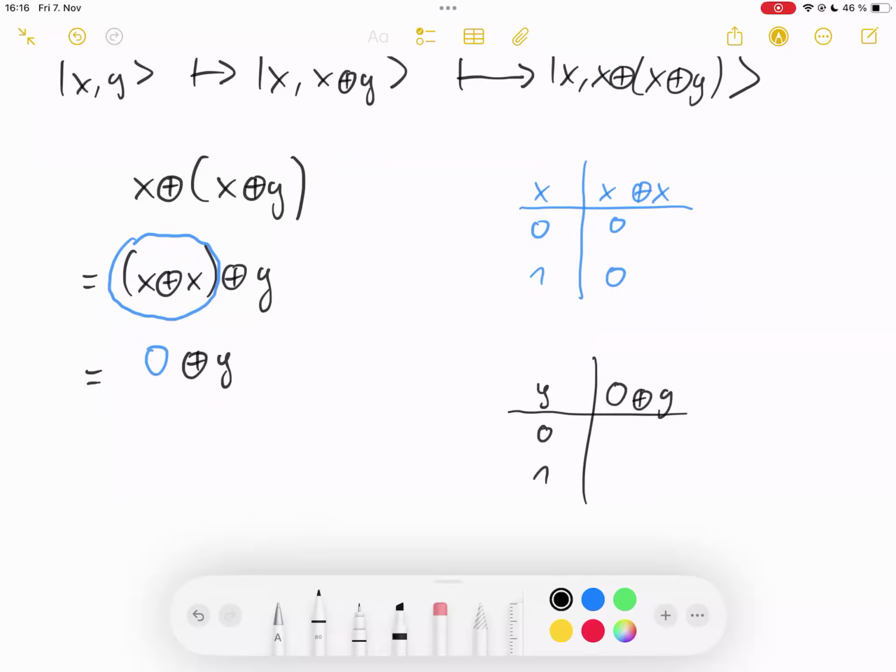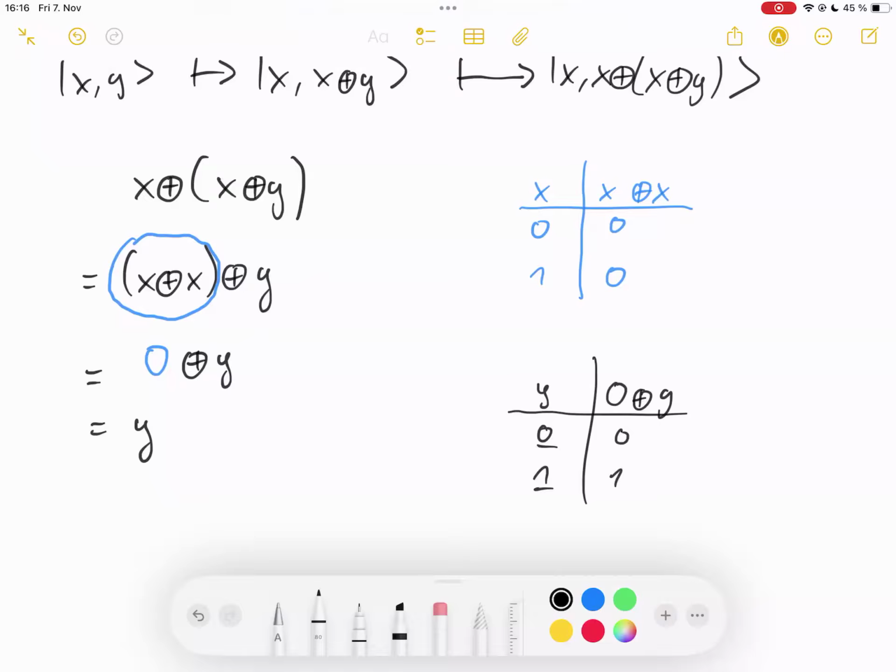But then a 0 with the 0 of the XOR would be 0, and the 1 with an XOR of 0 is 1. So we see this logic table here doesn't change. So this is eventually just 0. So, sorry, it's just Y.